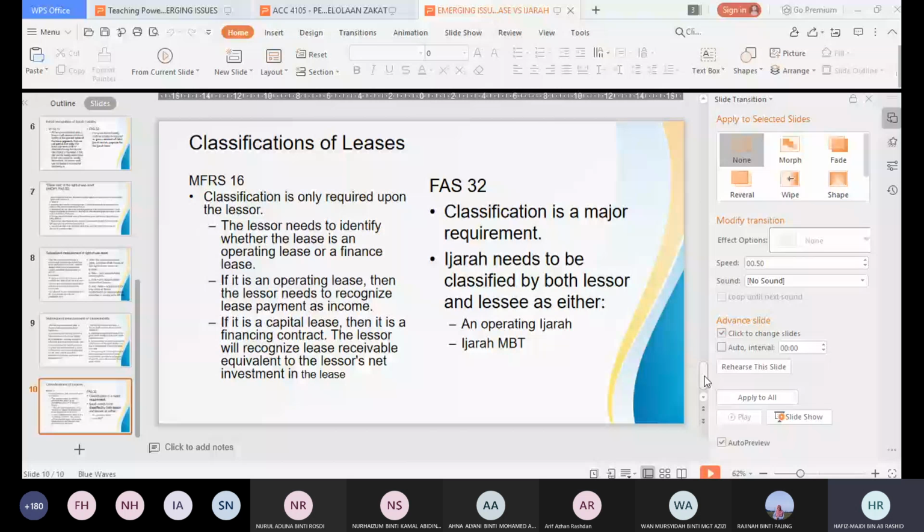So you cannot always assume that economic substance is more important than the legal form, because Sharia is the most important for the operation of any Islamic financial institution. Whatever it is, you must ensure compliance with Sharia rulings and principles. I think that is what I can add.